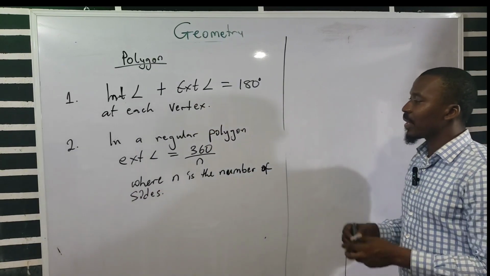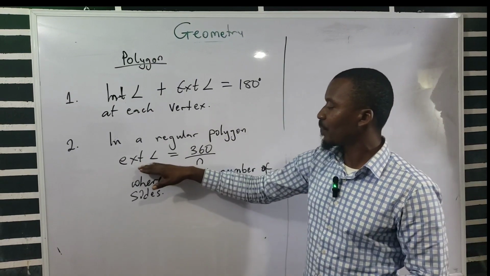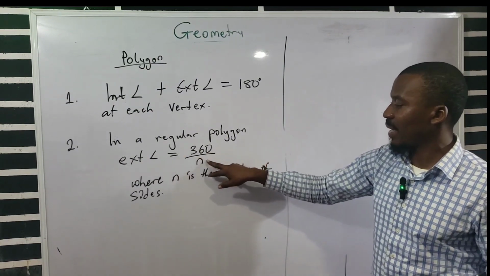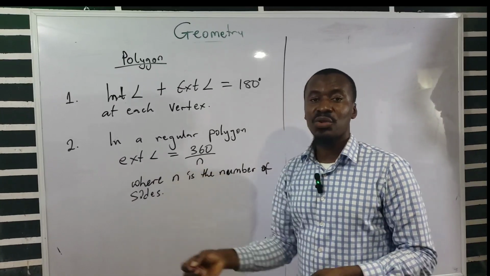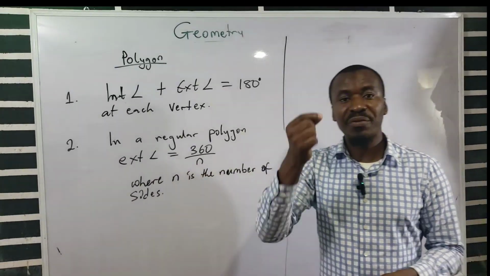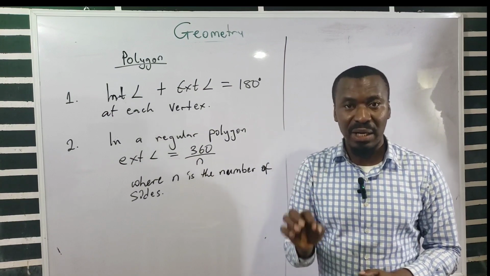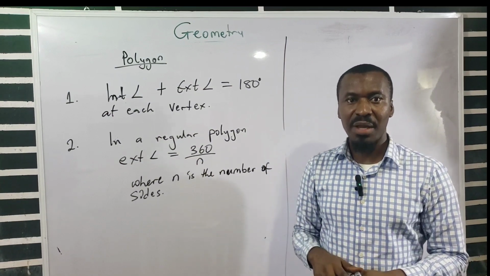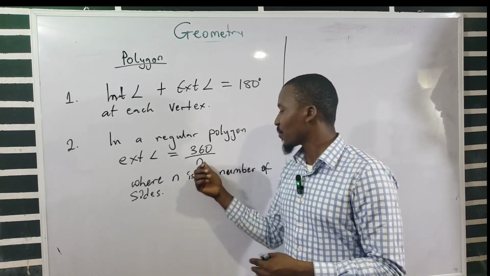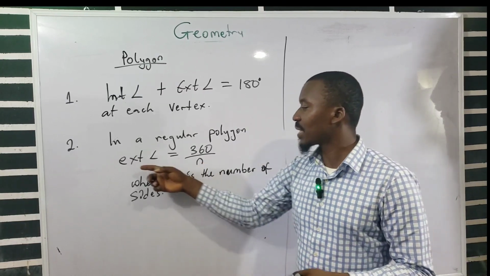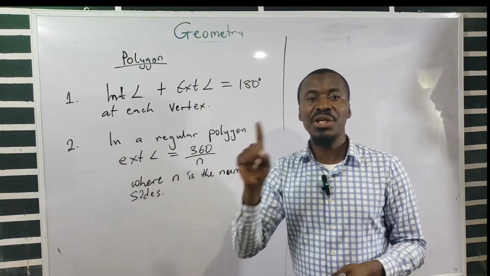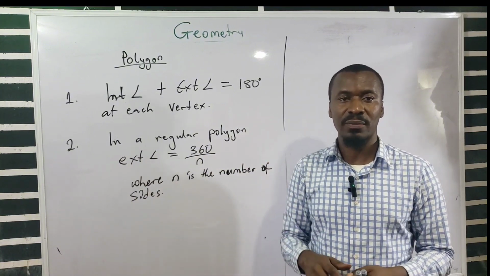So in a regular polygon, the exterior angle is equal to 360 over n, where n is the number of sides. So you can use this to find the value of each exterior angle of a regular polygon. You can as well use that to find the number of sides that a regular polygon has if you are given the value of each exterior angle.